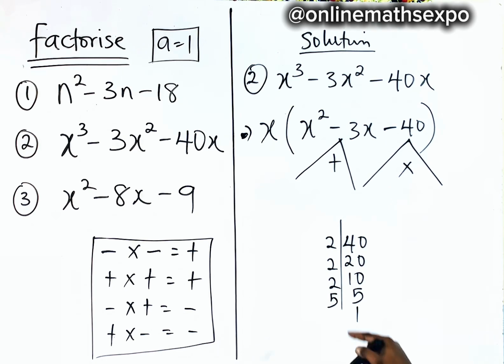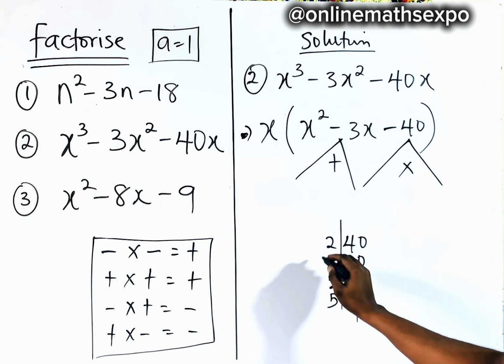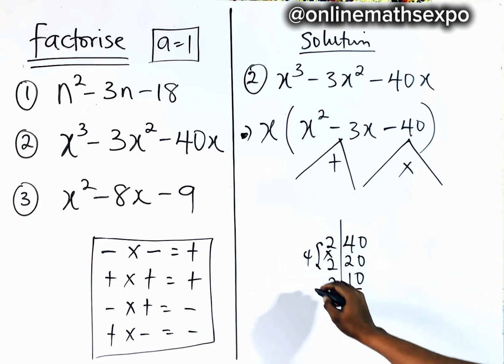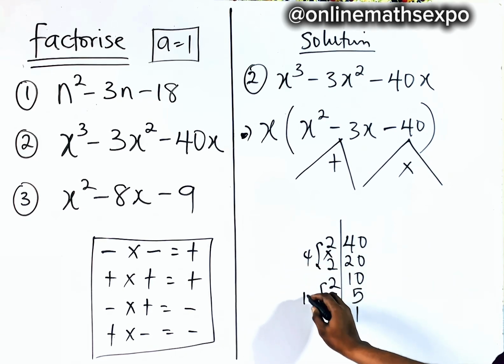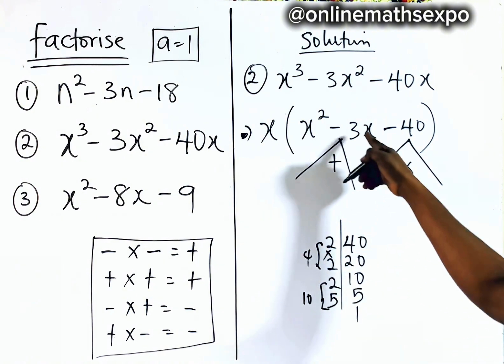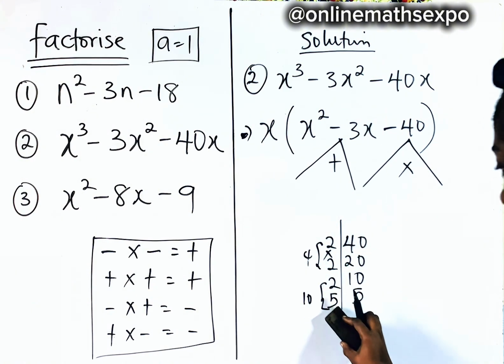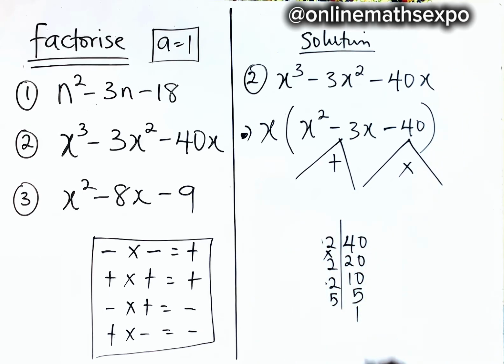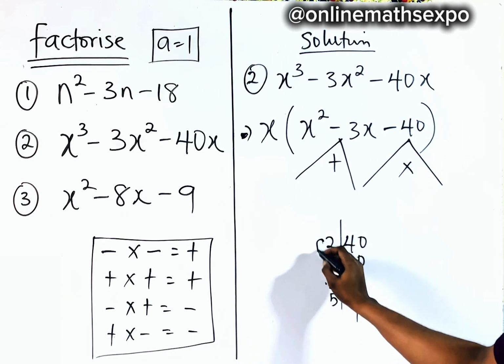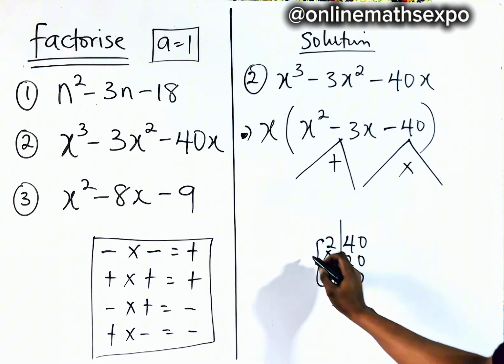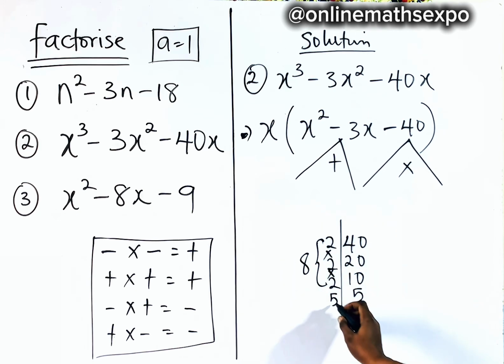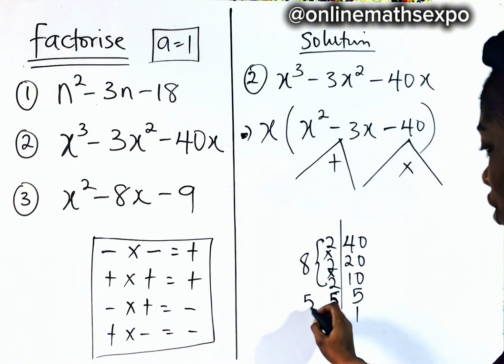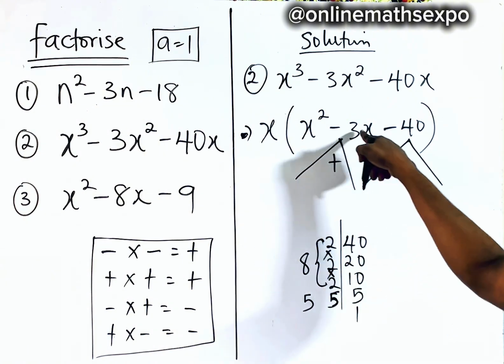We can work with this and this will give us 4, and this will give us 10. 10 and 4 is not close to this, so we can't go with that. Let's check another one. So this times this will give us, let's take 3, this will give us 8. You see how we're gathering it? And this is 5. So 5 and 8 are close to this 3.